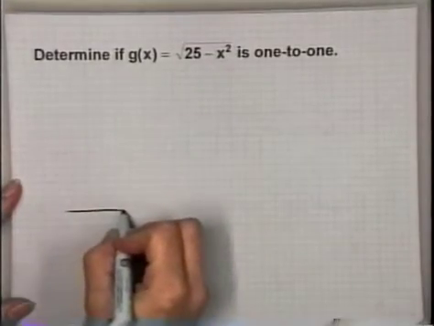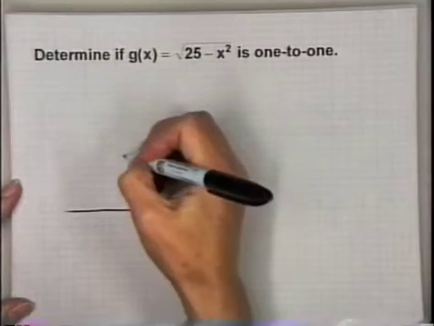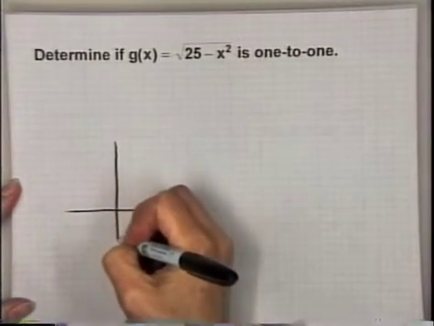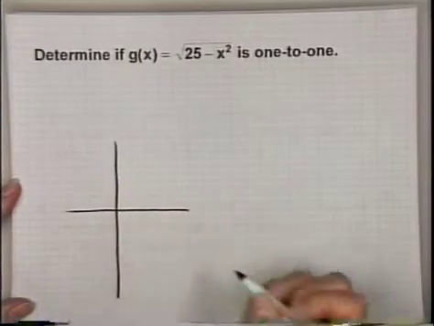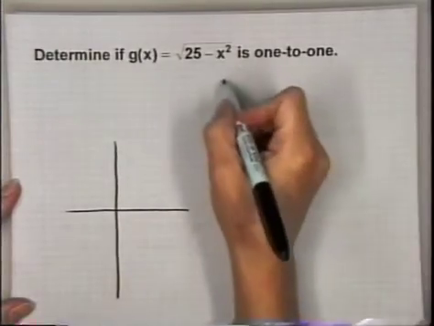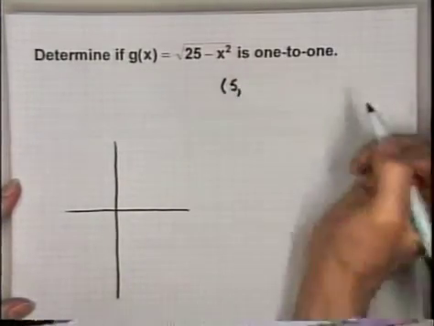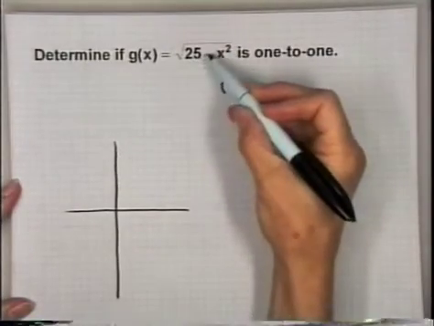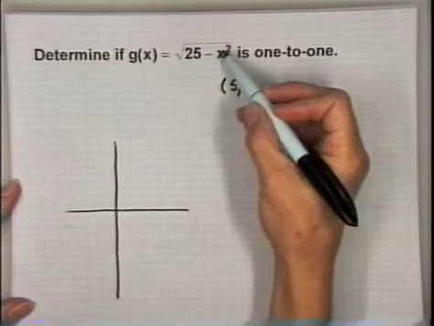Let's see if we can sketch a graph here of this function. You may recognize what this graph is, but if not, we're going to pick some values here and see what happens. Notice that if I pick an x value of 5, 5 squared is 25. 25 subtract 25 is 0.